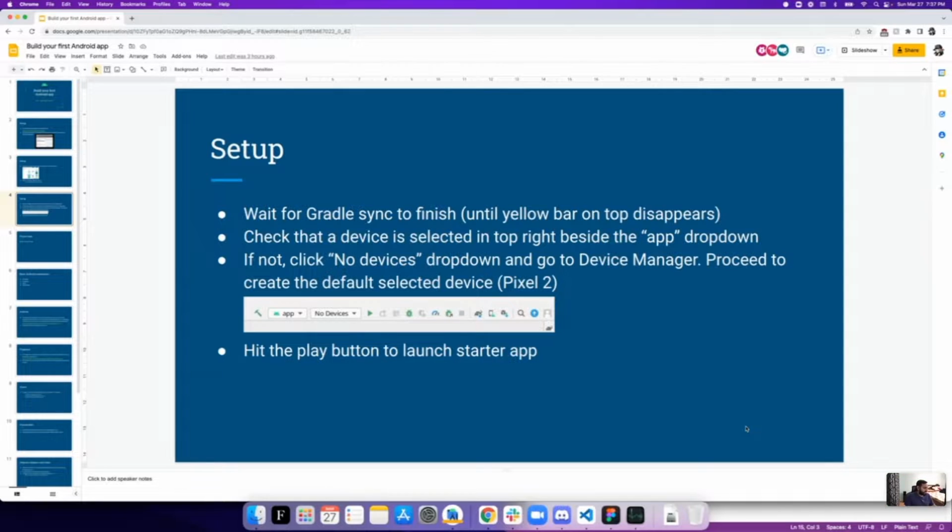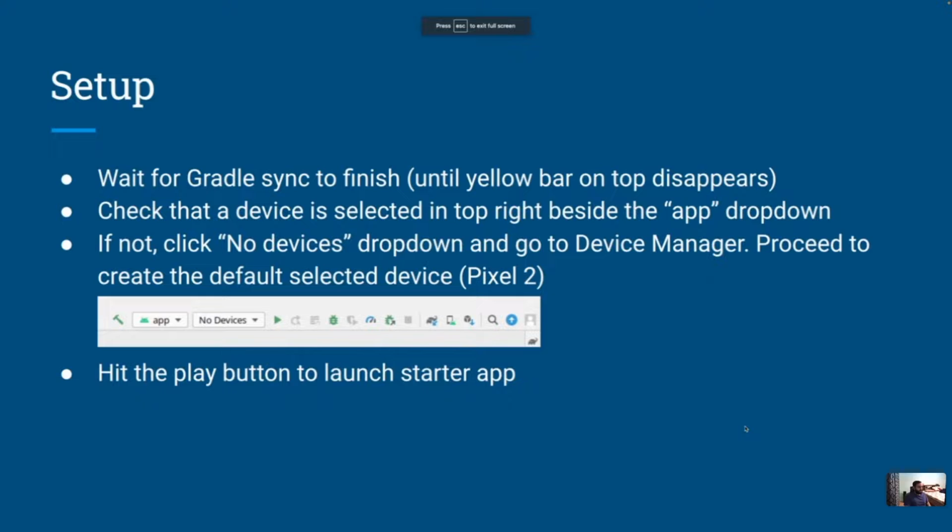Once you've done all that, you should be ready to run the starter project that's shipped within the studio, and it should just say "Hello World" at that point. That's pretty much it for the setup.